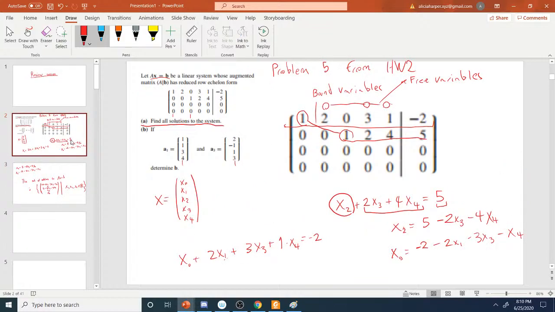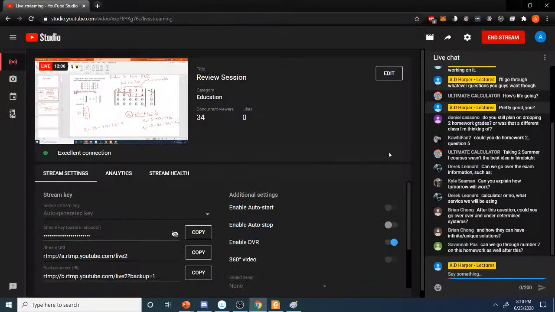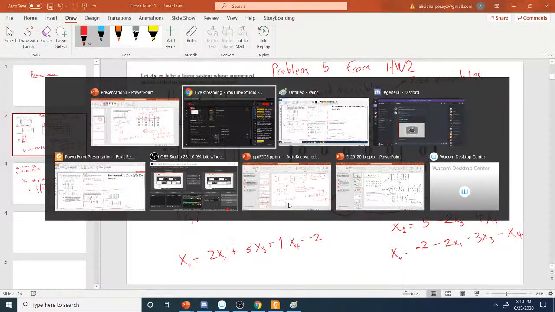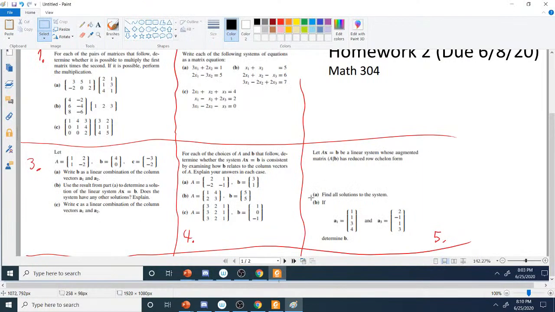Now part B is a little bit more tricky. Okay, lots of questions. Let me finish this problem, and then I'll go through all these questions. So let's look at part B here.